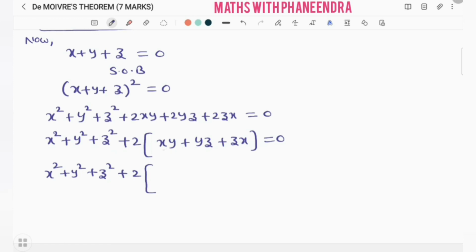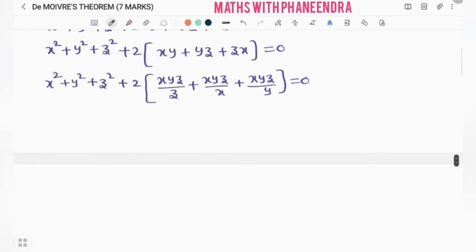But I want every term to be xyz. Here z is not there, so we are multiplying and dividing with z. In the second term we are multiplying and dividing with x. In the third term we are multiplying and dividing by y.